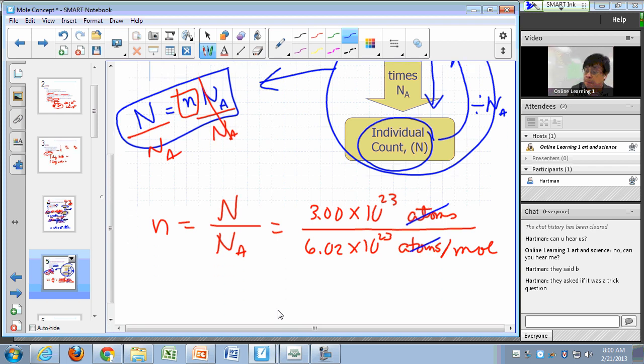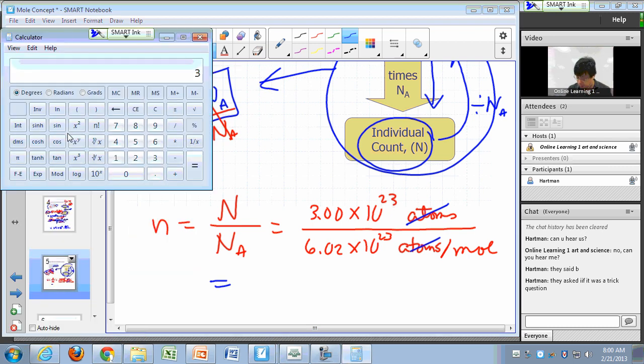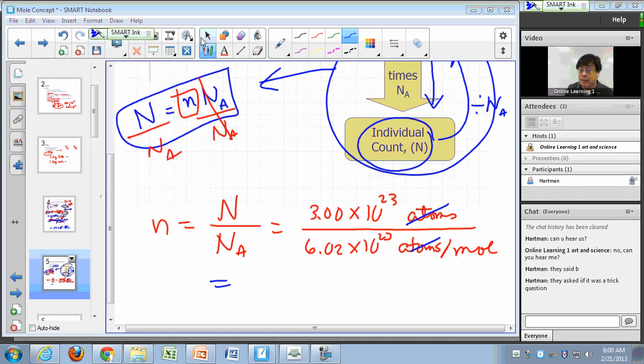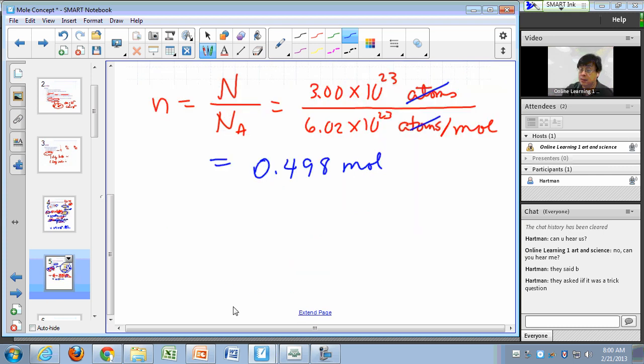So what's 3.00 divided by 6.02? That should be 0.498. So this is 0.498 moles.